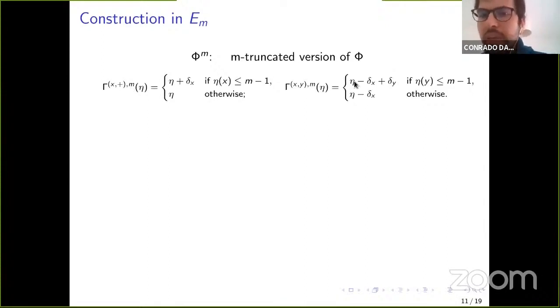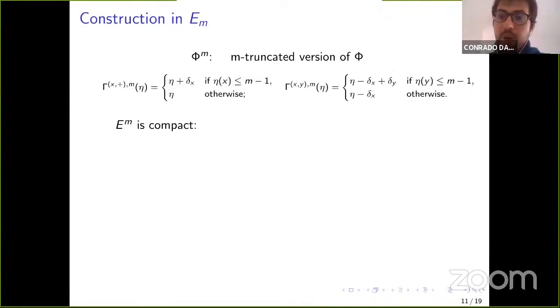We don't need to truncate the removal of particles because they are only helping us approximate the different configurations. So that's this flow here, defines the flow in a subset of E_M. So it's not the whole E_M. So it doesn't define the dynamics for all possible configurations.